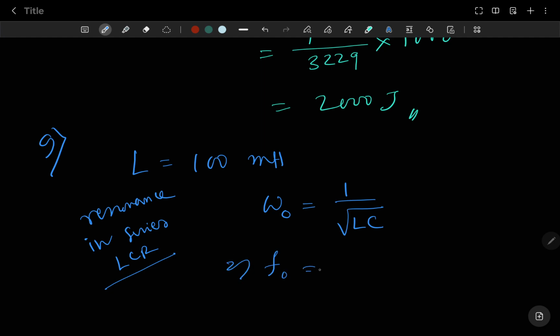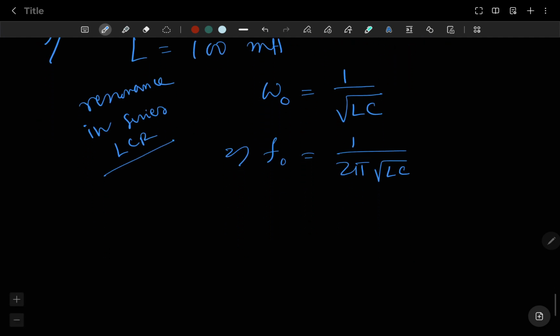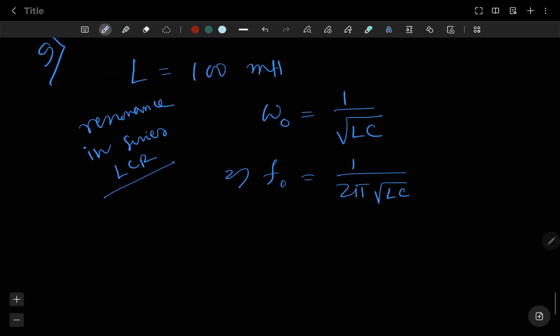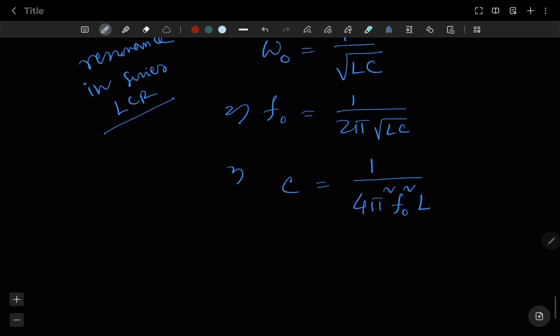So f0 is 1 by 2 pi root LC. Here L is given, so you need to calculate C. It's very easy. So it will be 1 by 4 pi square f0 square L. So just put the values and get it.